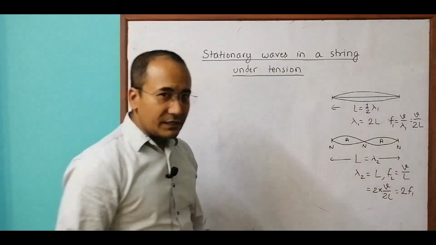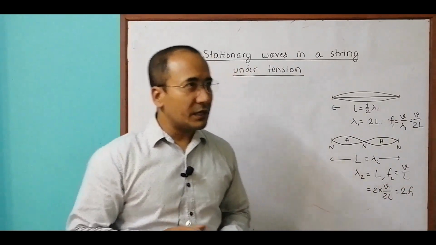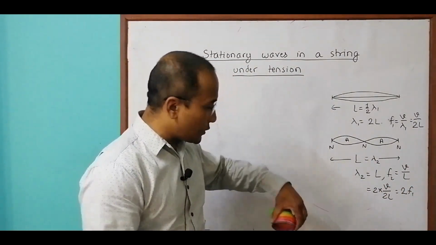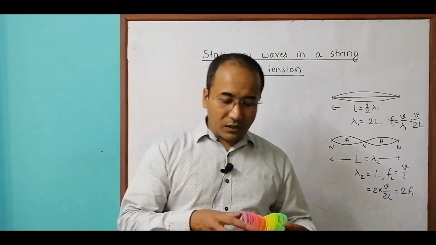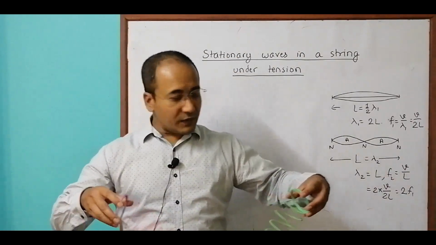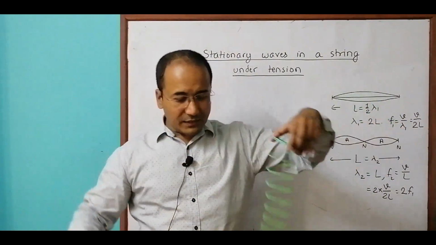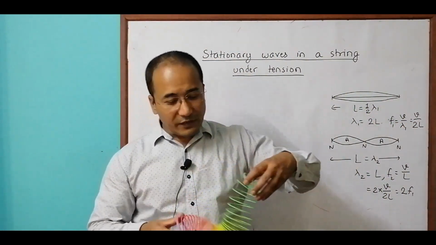So the frequency the second time is twice the frequency of the previous, and you can notice this in the way I have oscillated it. For example, in the first case I did it very slowly like this. In the second case I had to make it faster.